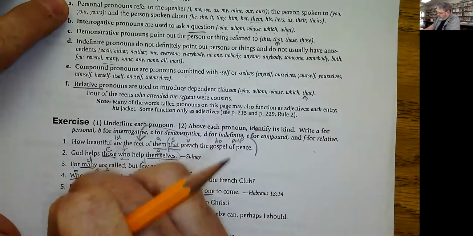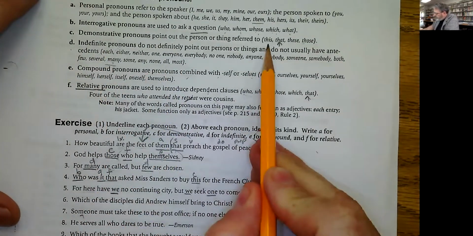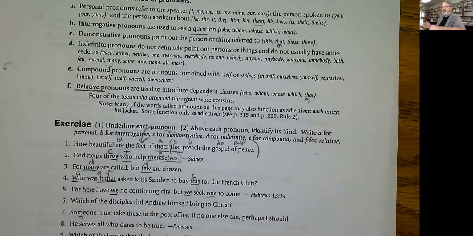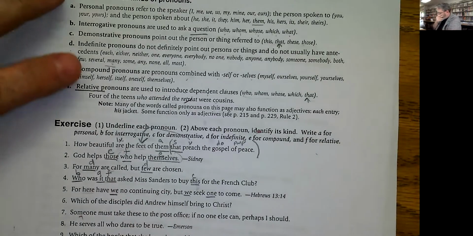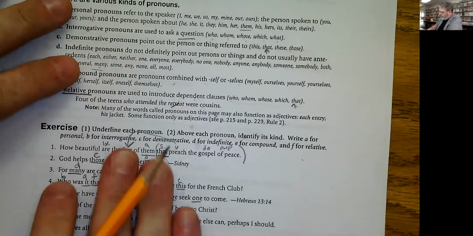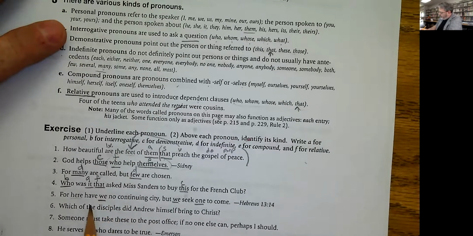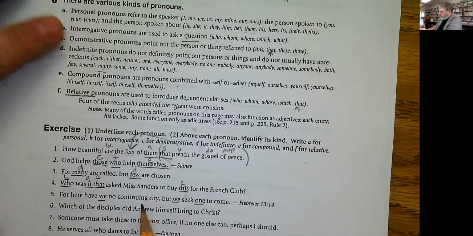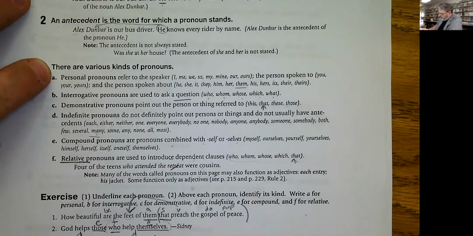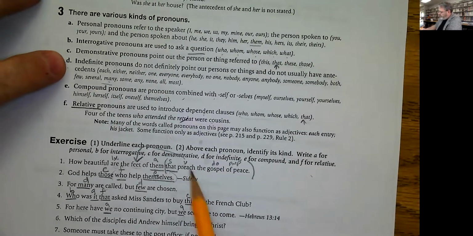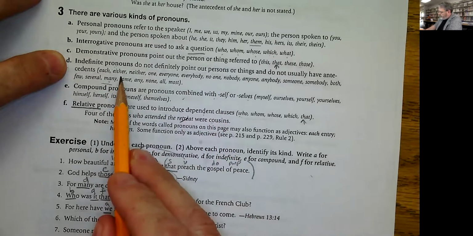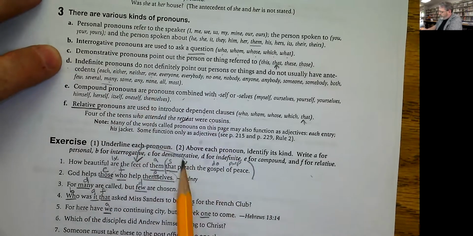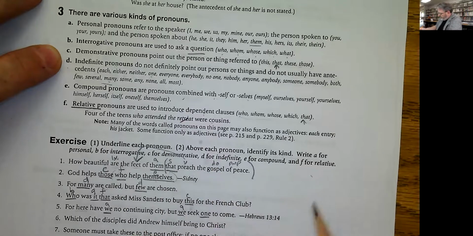I was thinking it's demonstrative in nature, but it's actually a noun, so it's a location. Okay, so anyway, we: we have no continuing city. We seek one. That's a personal pronoun, so both of those we's are A. And then one should be indefinite. Each, either, neither, one. So indefinites are D.